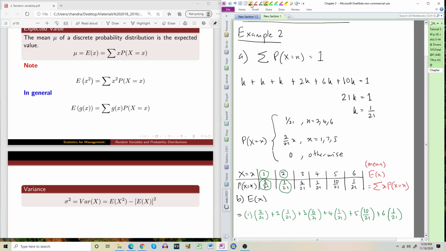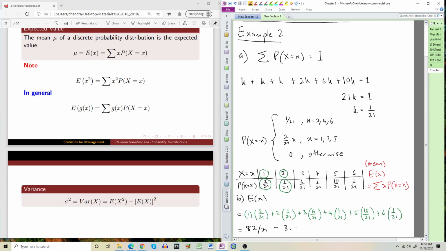If you do this, your answer should be 8/21, or you can write it as 3.90.